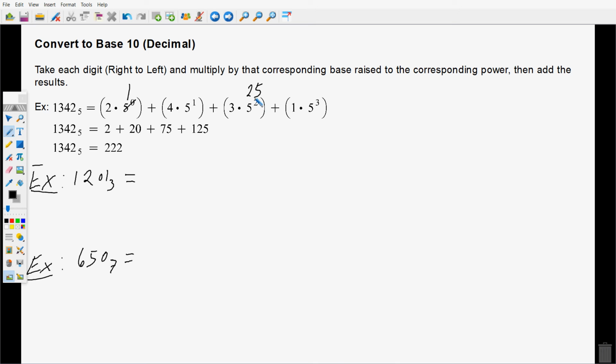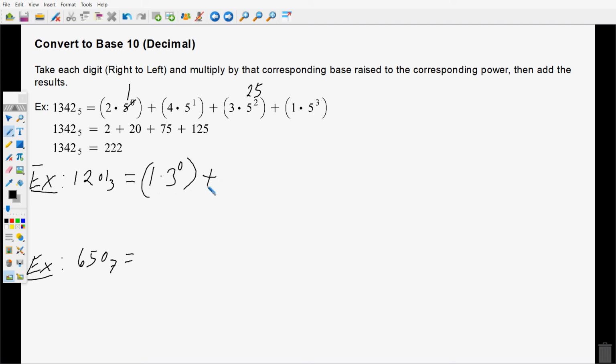Now I want to convert 1201 in base 3 to a decimal number. I'll start off with the farthest right digit, which is a 1, and that will be times 3 to the 0 power.